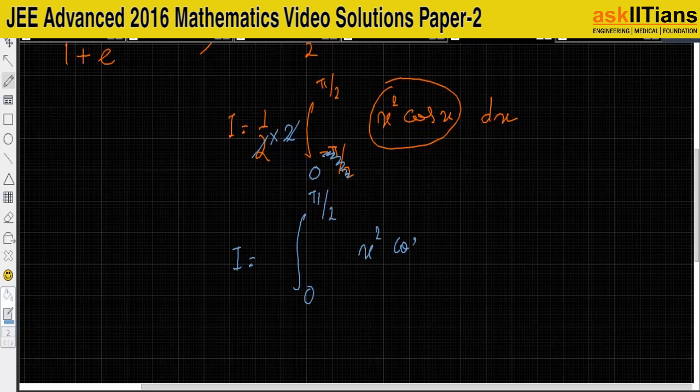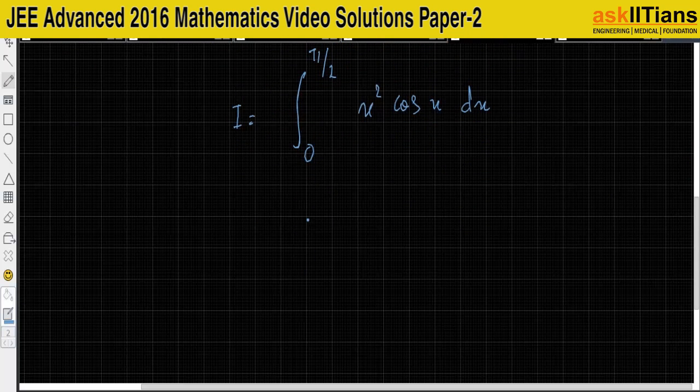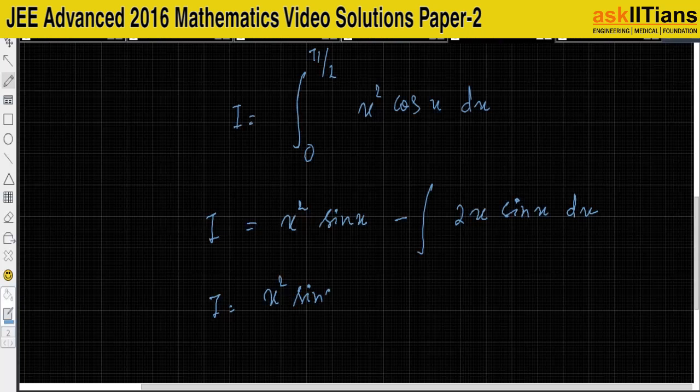X square cos x I can simply solve by applying integration by parts. Now if I apply integration by parts, I'll get first function into integration of second function, that is integration of cos will be sin x, minus differentiation of first into sin x into dx. So I'll get this, and if I simplify further, again I can apply integration by parts.